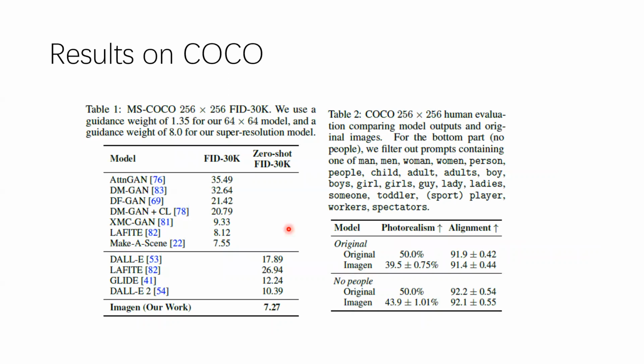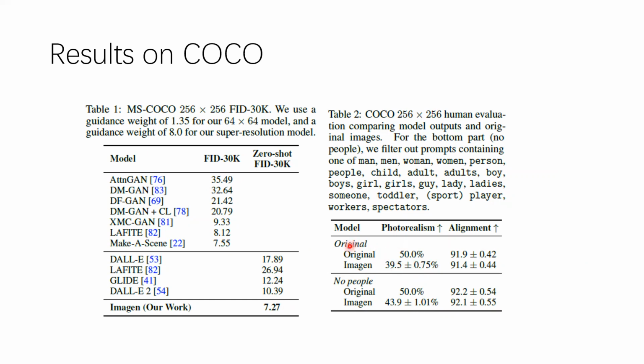Here are the results on COCO, an easier data set. You can see that they compare with DALL-E 2 and GLIDE using zero-shot FID, and they achieve the best score. They also do a human evaluation comparing model outputs and original images, a human evaluation of the quality.